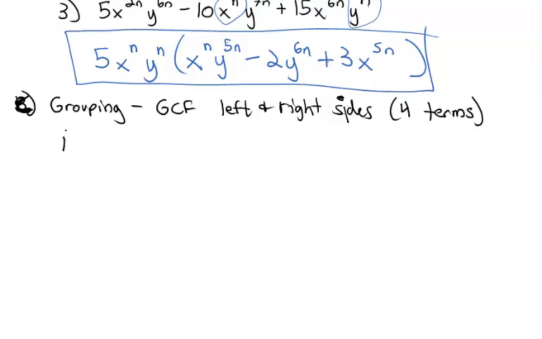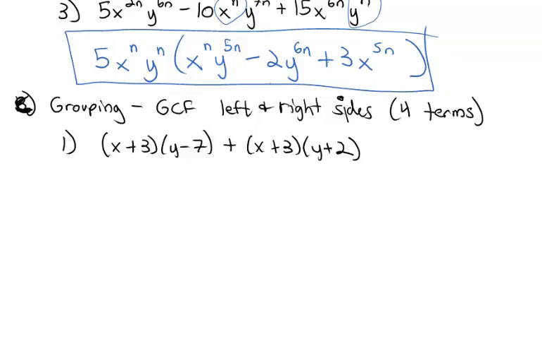And to set up grouping, we're going to do a non-grouping example first, looking at x plus 3 times y minus 7 plus x plus 3 times y plus 2. What we see in these two parts is both parts have an x plus 3 in common.